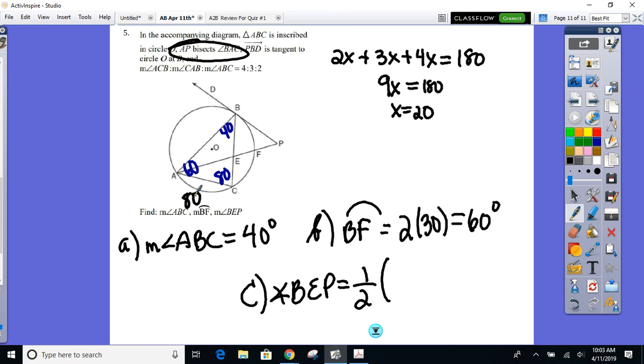What do you got? I'm putting them all up here right now.